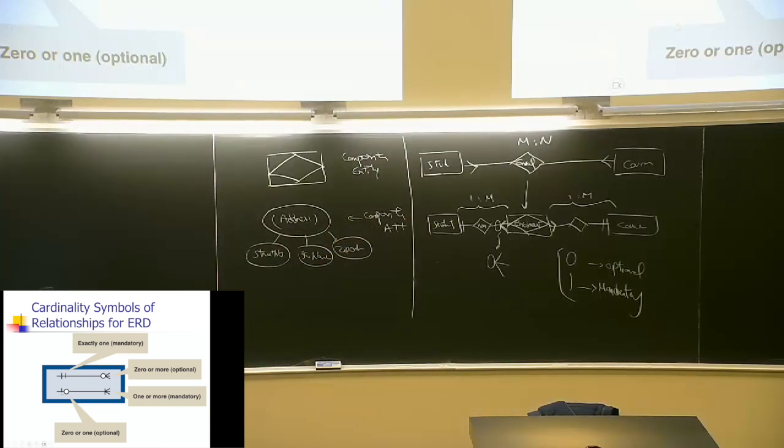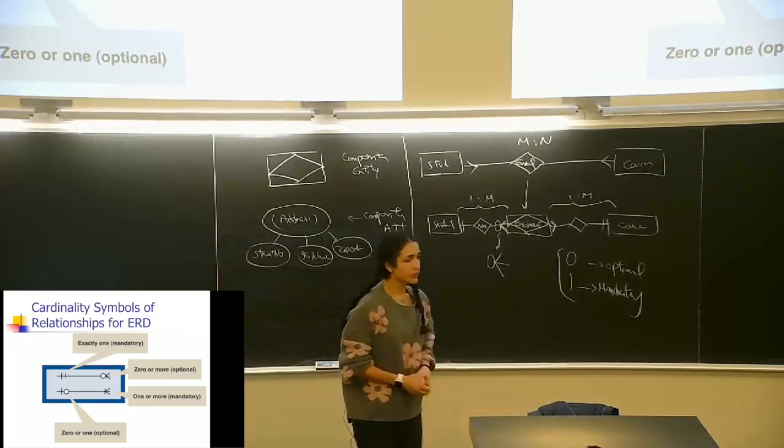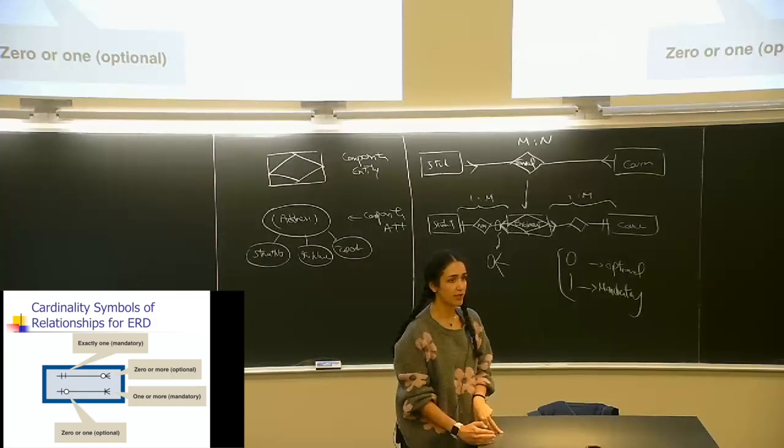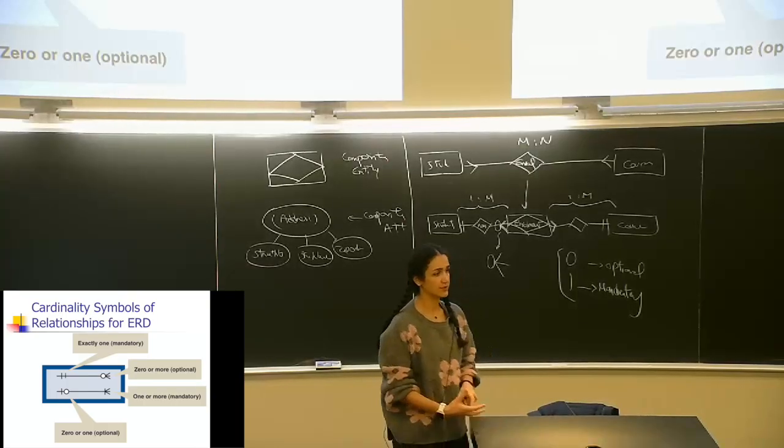And then we have also 0 or 1, optional. For example, if you say each prof can supervise 1 student, but we can also have some professors that are not supervising any students.